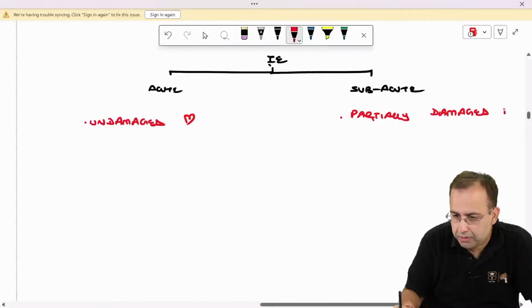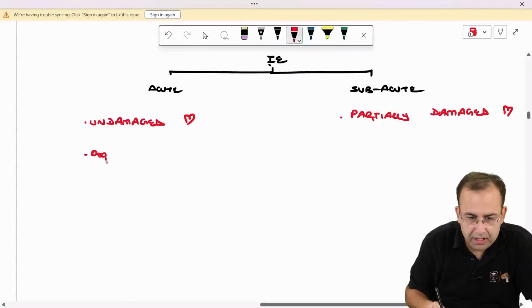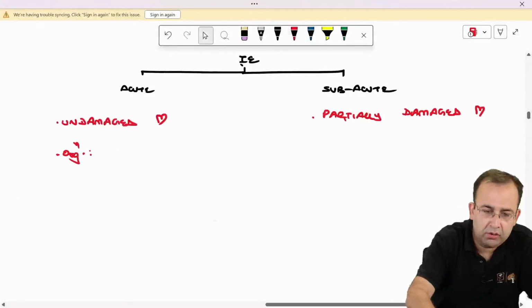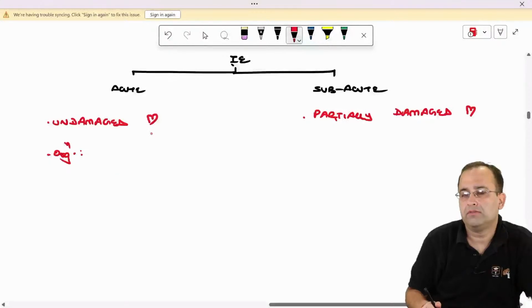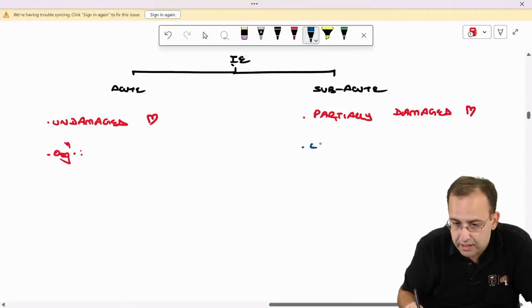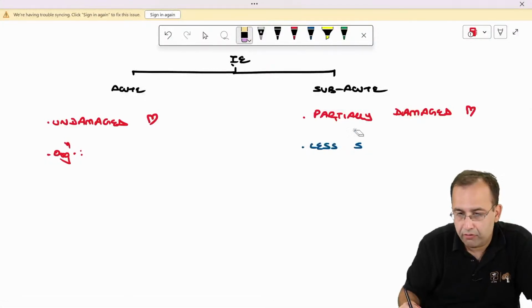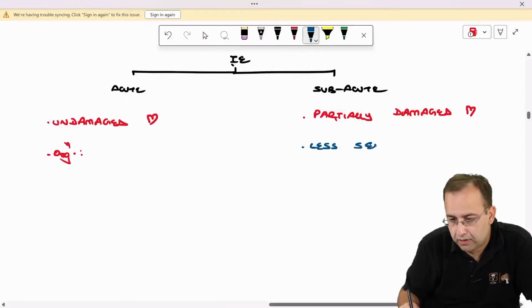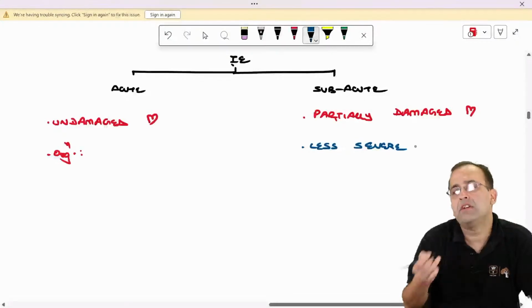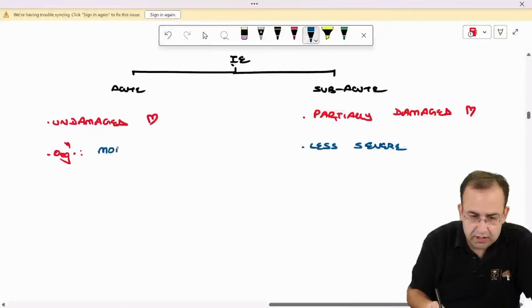So you tell me, will the organism be less severe in acute or subacute infective endocarditis? It will be less severe in subacute infective endocarditis. Why? Because it is a partially damaged heart. So even a less severe organism will be able to infect it, versus acute where the organism is more severe.